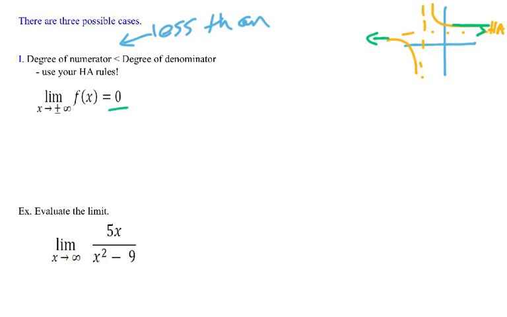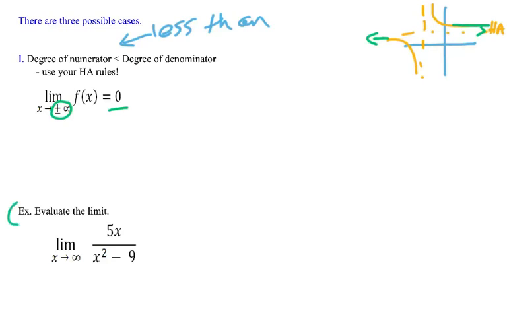And so pretty much the rule is it's always going to be 0. Okay? Always. No ifs, no exceptions. If the degree of the numerator is smaller than the degree of the denominator, your answer is always going to be 0. Whether it's positive infinity or negative infinity, that doesn't matter. All right?